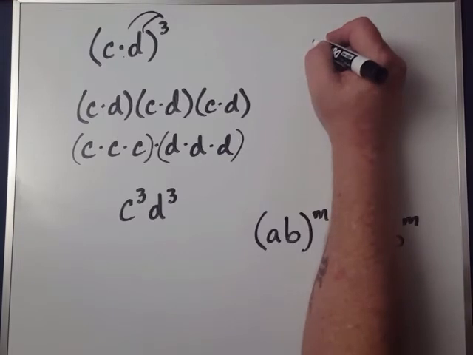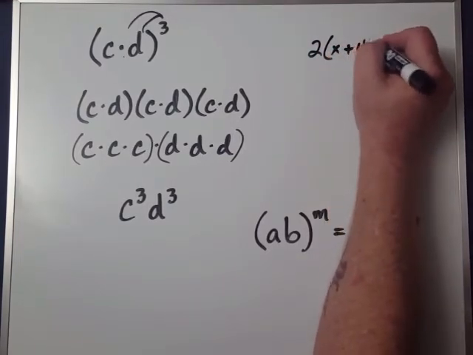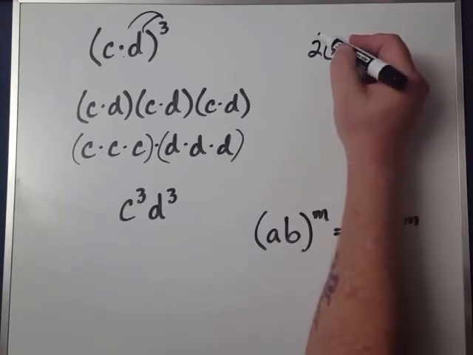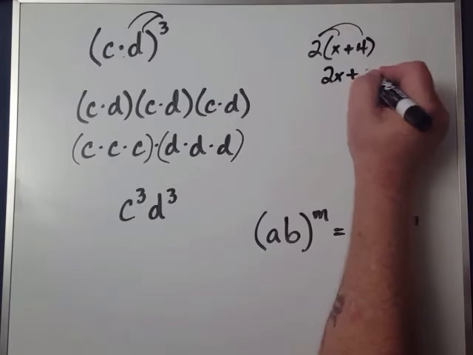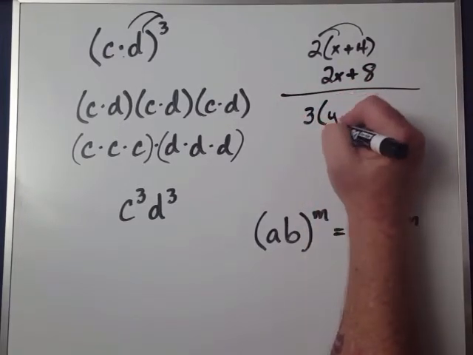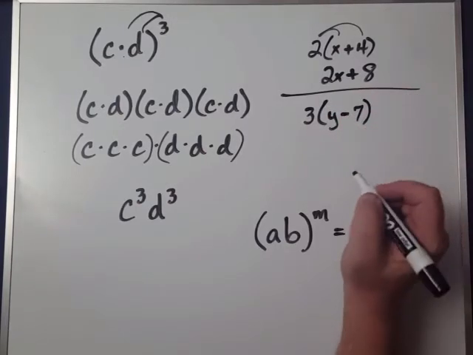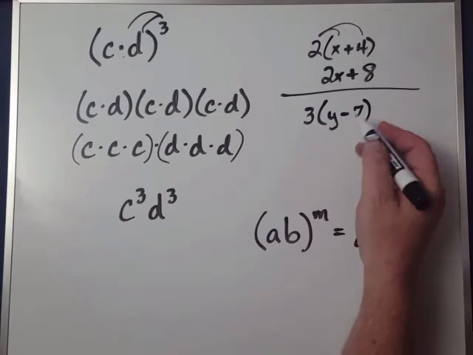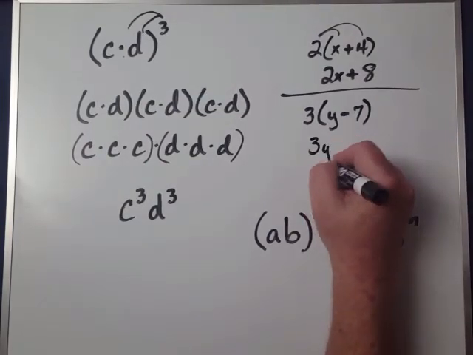Now, think back. Our distributive property allows us to distribute multiplication over addition, right? It allows us to distribute multiplication also over subtraction, because subtraction is just adding the opposite. It still behaves like addition.